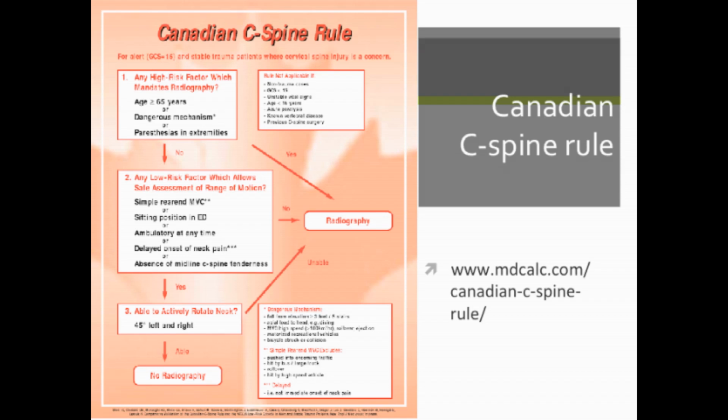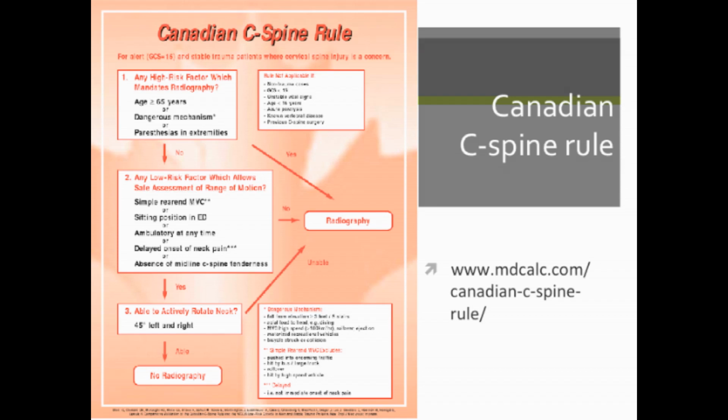If any one of those features, so a simple rear end motor vehicle collision, they're sitting in the ED, they've been ambulatory at any time since their injury, the onset of pain was delayed from the time of the injury, or they have absence of midline tenderness, if any of those are present, then you are allowed to get the patient to actively rotate their neck. If they can rotate their neck to the left and right for 45 degrees, they don't need any radiography.